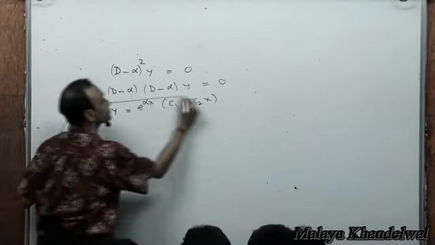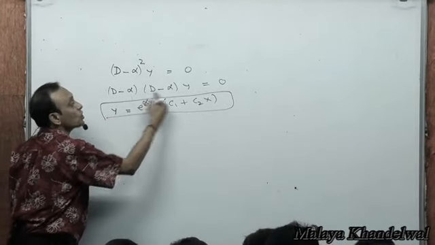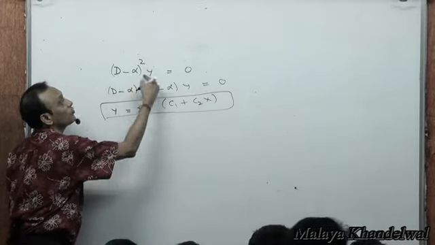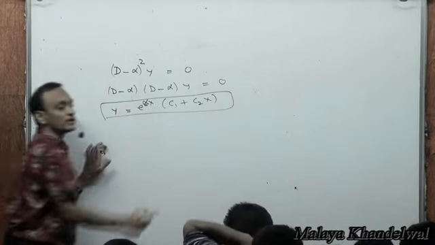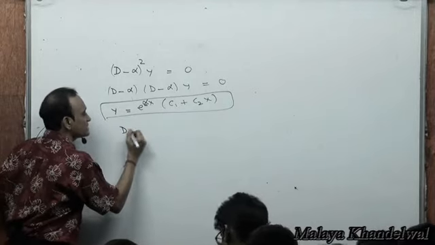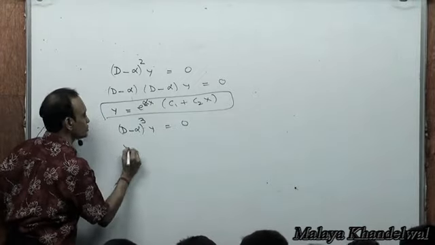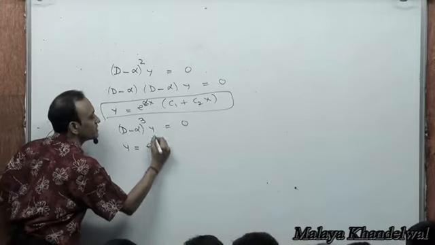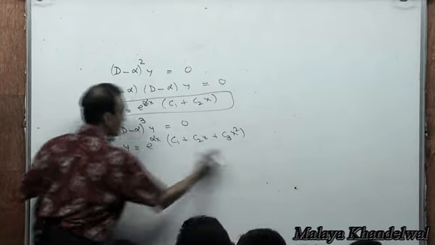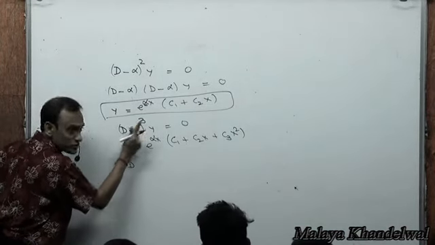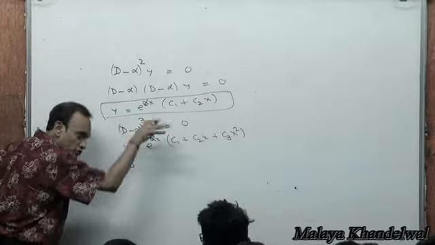If alpha is a root repeated twice, then D minus alpha whole squared would contribute to the general solution as e power alpha x (C1 plus C2x). If alpha is a root repeated thrice, then its contribution to the general solution is going to be e power alpha x (C1 plus C2x plus C3x squared). This will be of degree 3, so it must have three arbitrary constants contributed to the general solution.